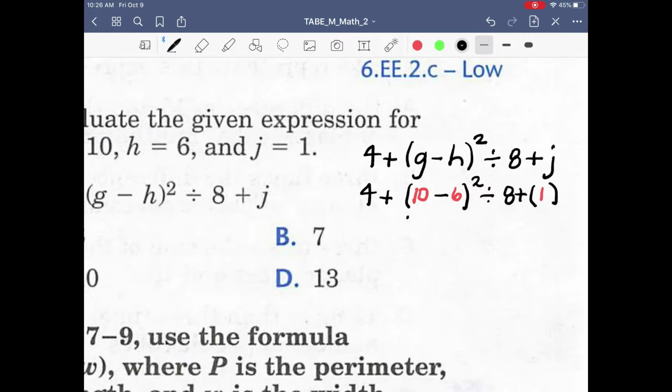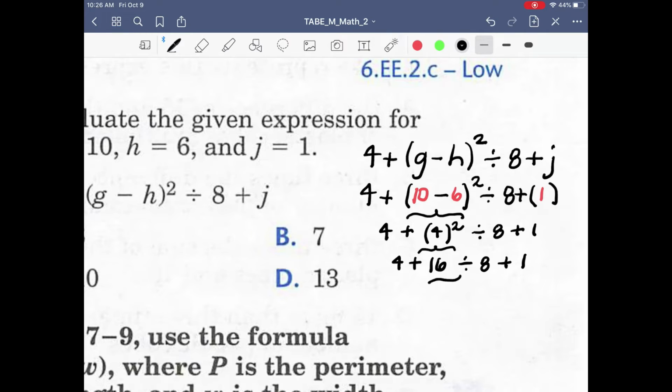So we have 10 minus 6 is 4. So we're left with 4 plus 4 squared divided by 8 plus 1. Next thing is exponents. 4 times 4 is 16. And it's very tempting to start adding right there, but you do not do that.